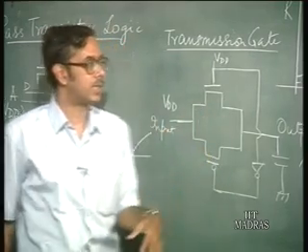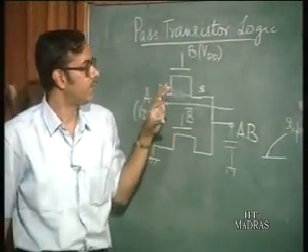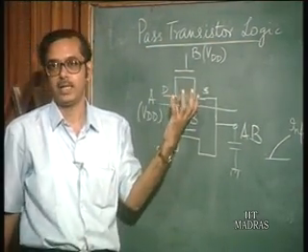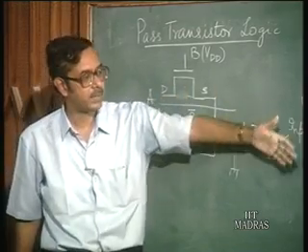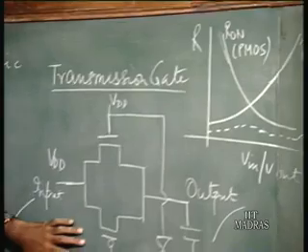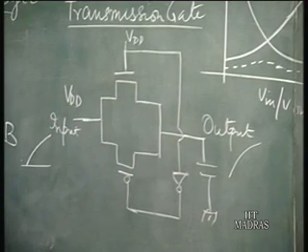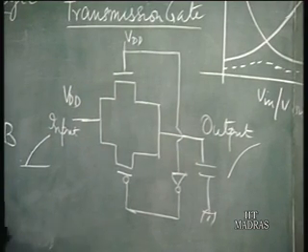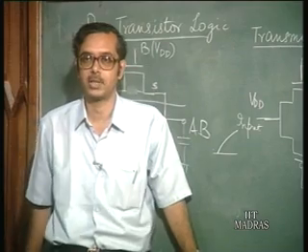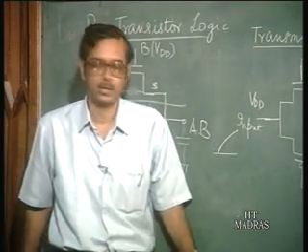So, this transmission gate may be used in place of a pass transistor, and this is more compatible for CMOS technology, as you can see, because you have both PMOS and NMOS transistors. So, when you are making a CMOS circuit, you can have this type of transmission gates.